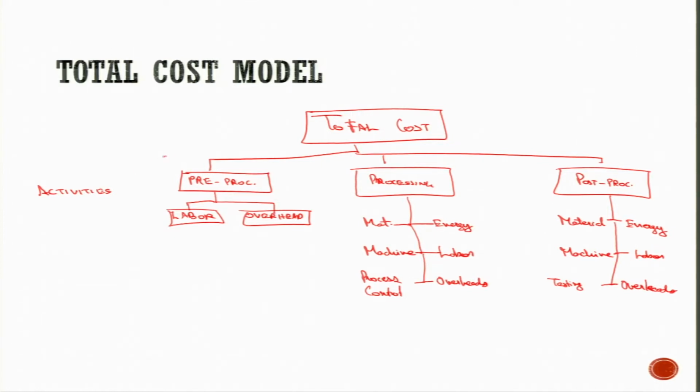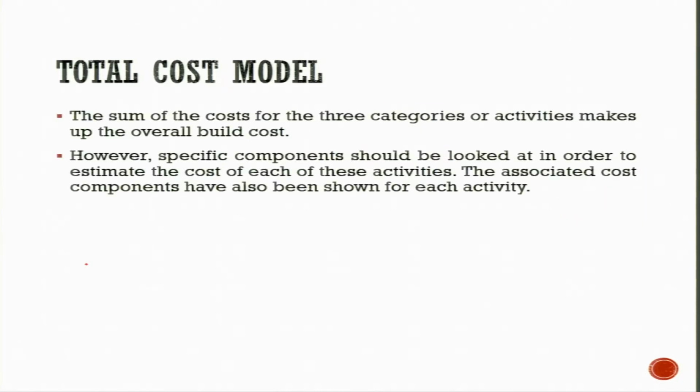So these are the activities majorly, pre-processing, processing, and post-processing, and these are the elements of the activities. The sum of the cost of the 3 categories or activities makes up the overall build cost. However, specific components should be looked at in order to estimate the cost of each of these activities.